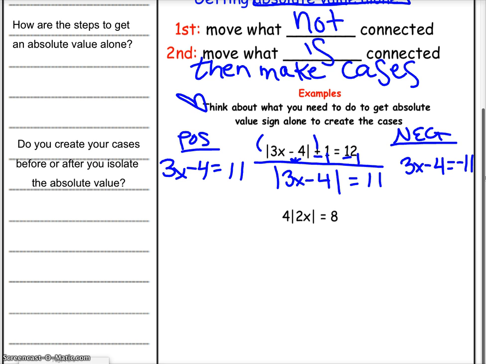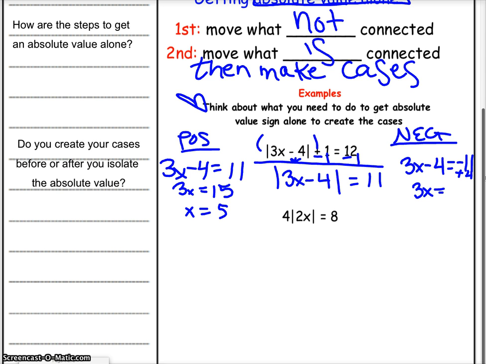Don't make your cases first. Then you solve both cases. Plus 4, 3x is 15. Divide, x is 5. Next one. Plus 4, 3x equals, you have to subtract them because they're different.